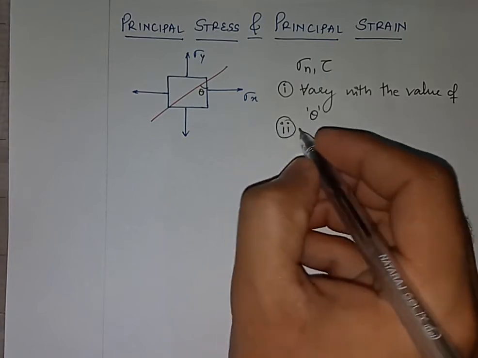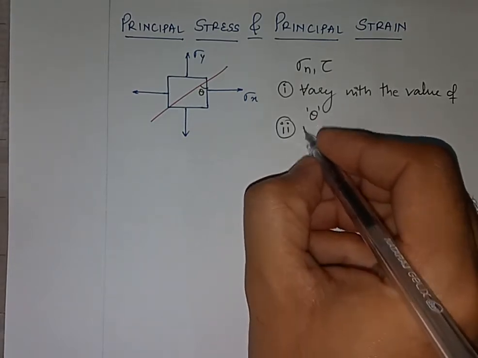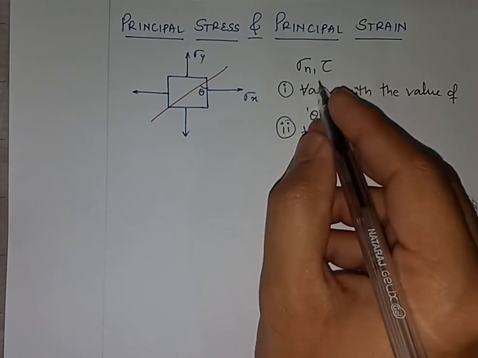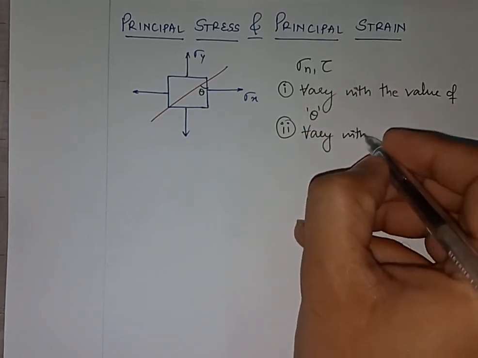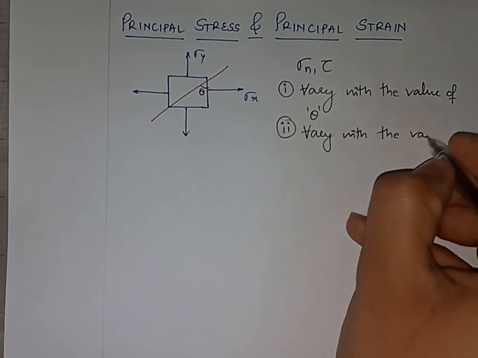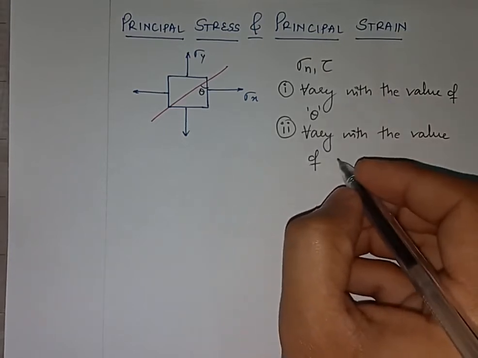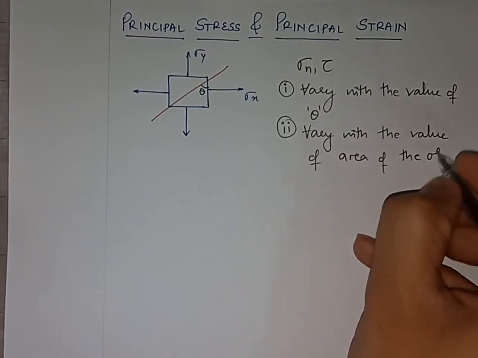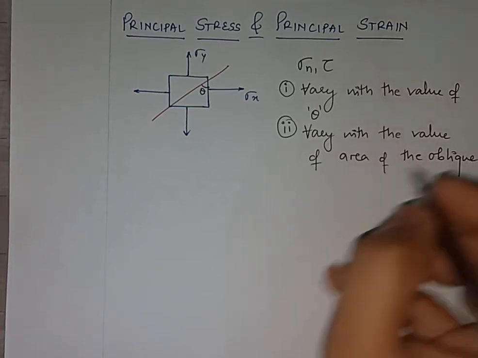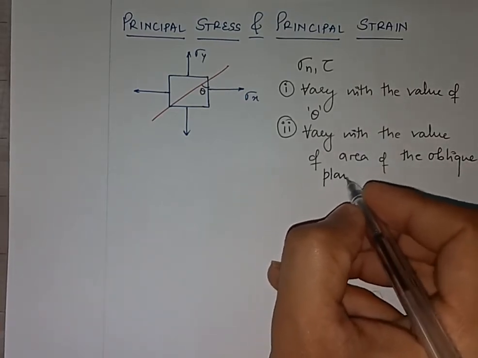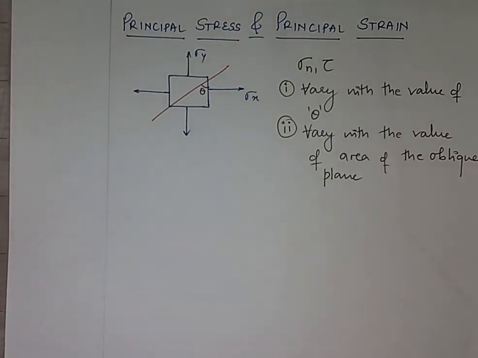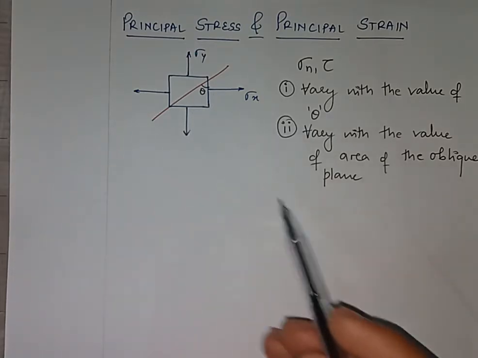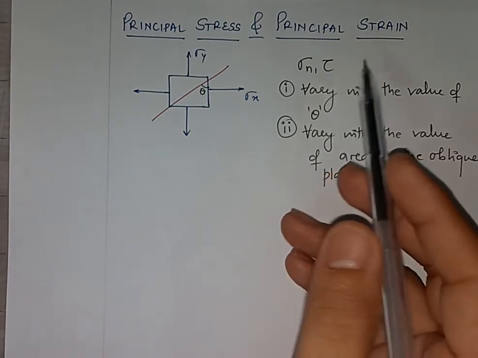Similarly, the second point, the value of sigma n and tau will vary with the area of the oblique plane. So for different values of theta and different values of this area, I will get different values of sigma n and tau.